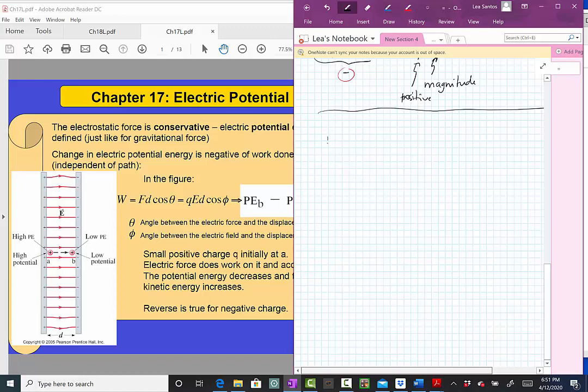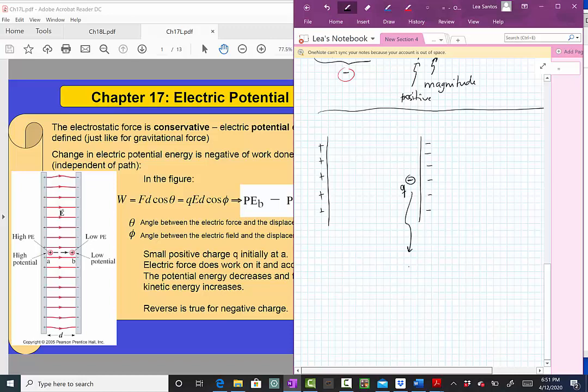Again we have our two plates. One is positive, the other one is negatively charged. And now I'm going to bring a negative charge to this game. On which side will the negative charge have a large potential energy? On the right side, no? So I'm going to start holding my little q, which is negative, here.